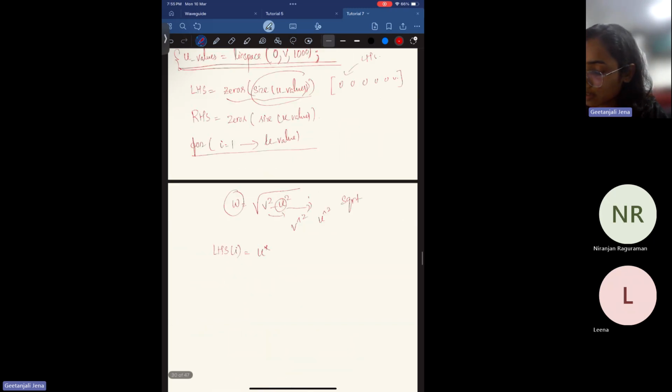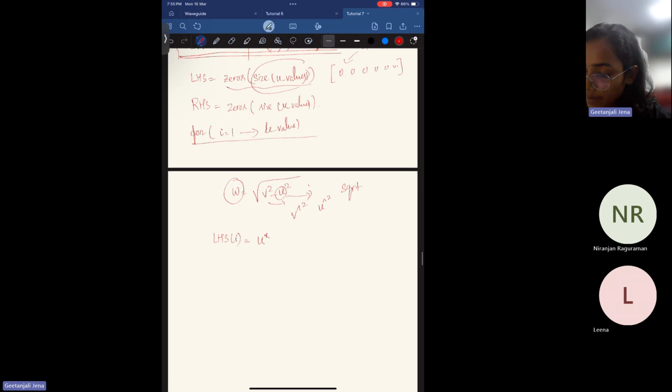So you can write it as u times Bessel J1(u) over Bessel J0(u), which is equivalent to saying u J1(u) over J0(u).